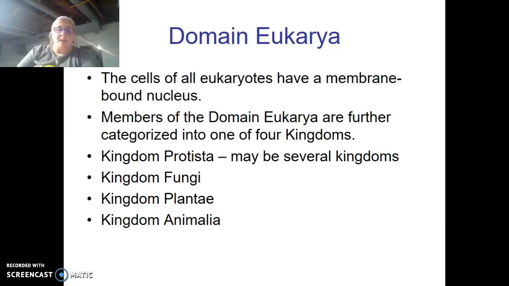If you're in the domain Eukarya, then you fall under one of the 4 kingdoms: Protista, fungi, plantae, or animalia. We tend to focus a lot on animalia because we are animals, but there are a lot of other organisms that fall under the Eukarya domain.